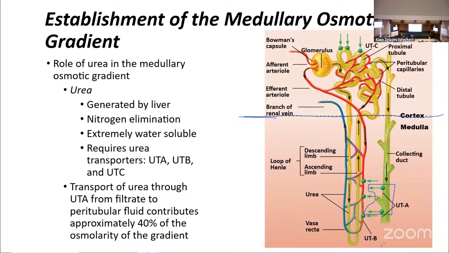This is getting added in along with that sodium potassium chloride that we've been pumping out of the ascending limb of the loop of Henle, further extending how great a pull on water we have in this region. This is part of why those numbers get so high in the deep parts of the medulla: the urea is adding into this.